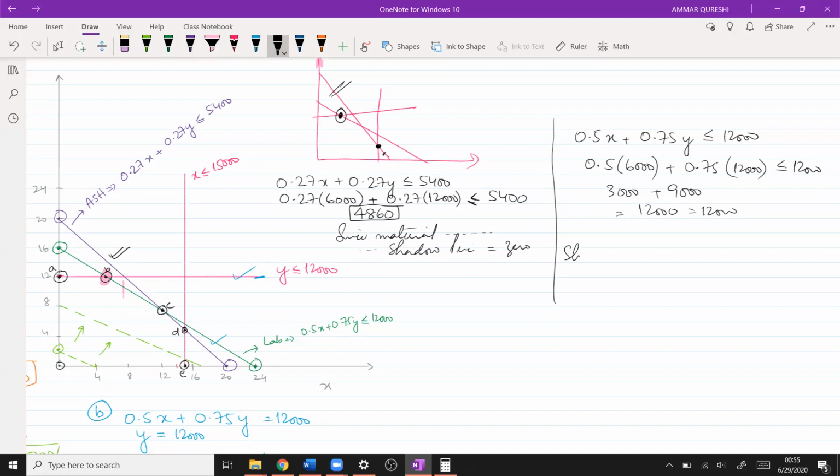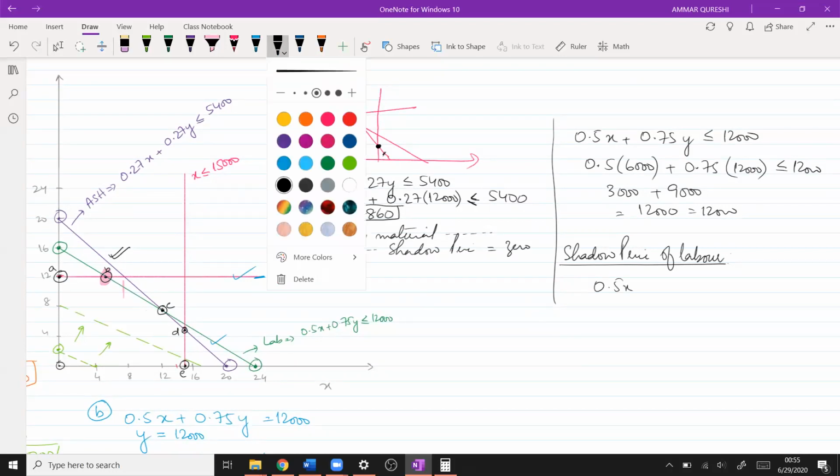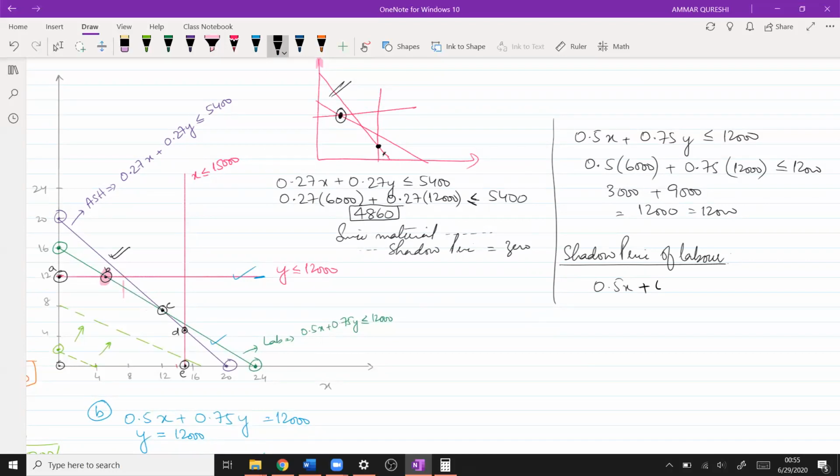For shadow price of labor, we have to use the labor equation. So 0.5 of x plus 0.75 of y should be equal to 12,001.